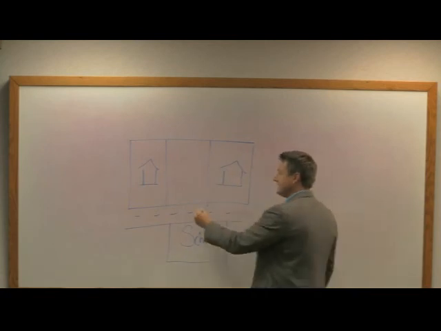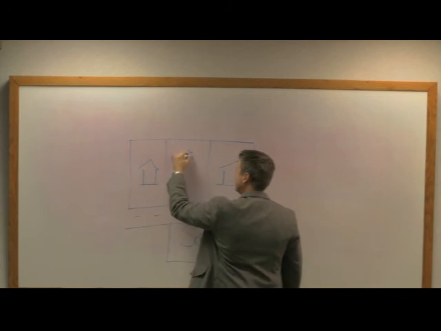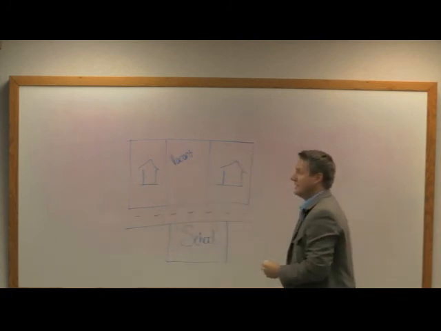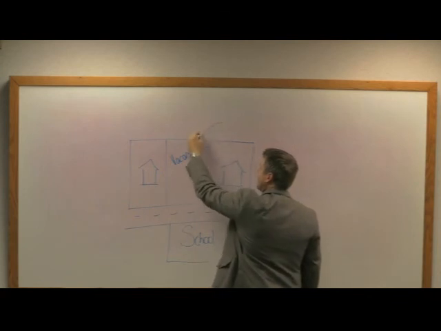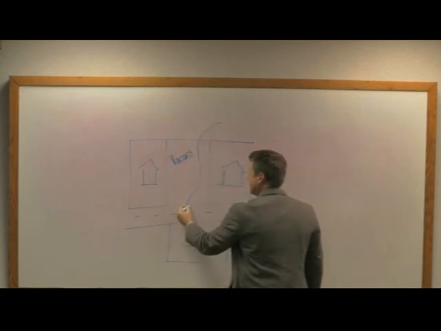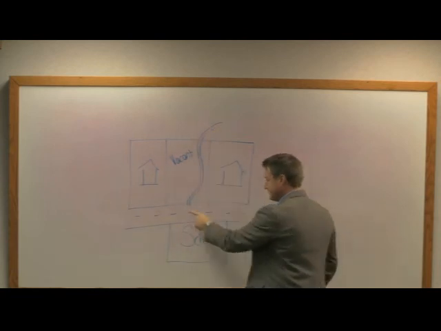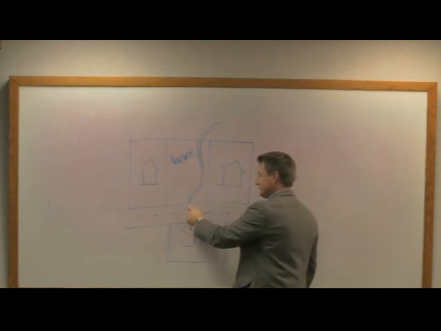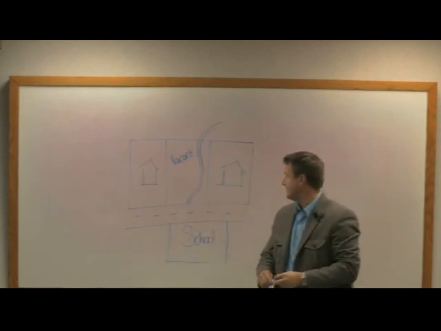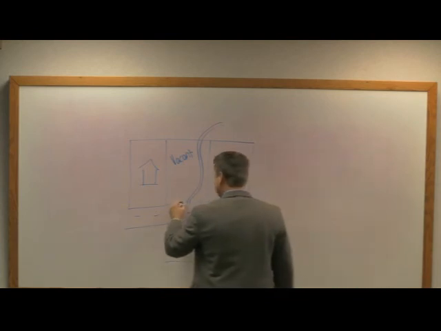So we have a vacant lot in between these two houses. And let's say there's this worn path coming out from the alley that's been there for 20 years. Let's say it's been there for 25 years. In fact, it's the worn path that the kids use to get to school.